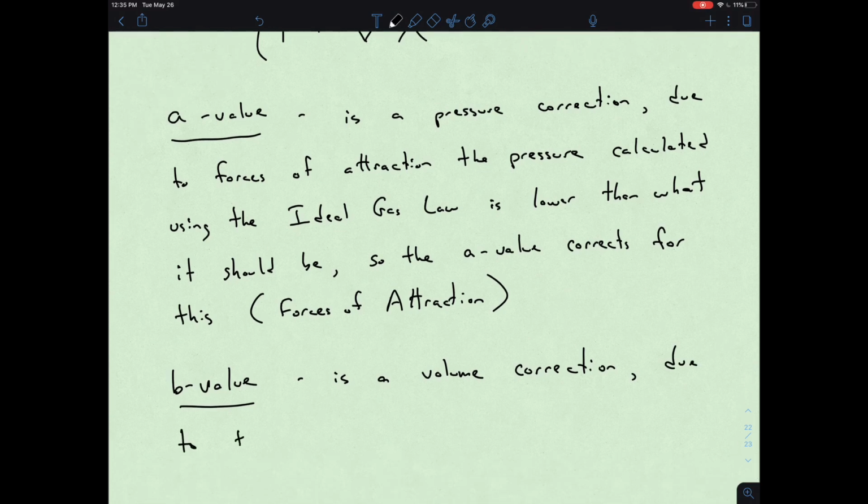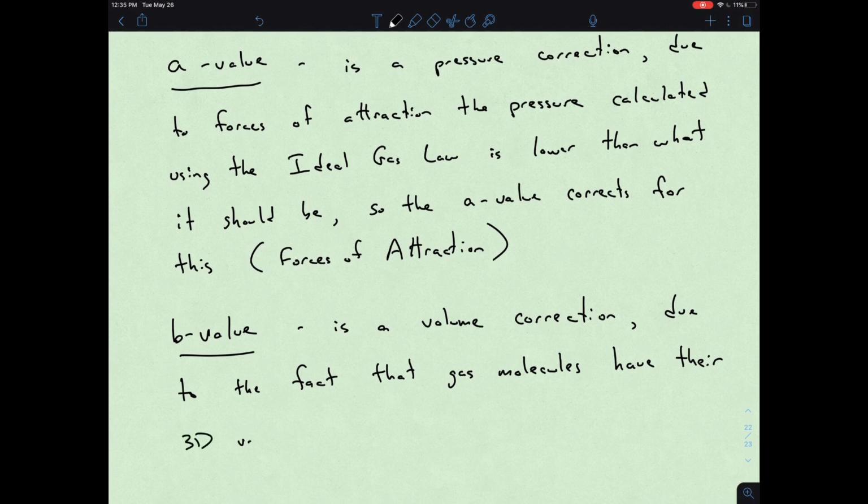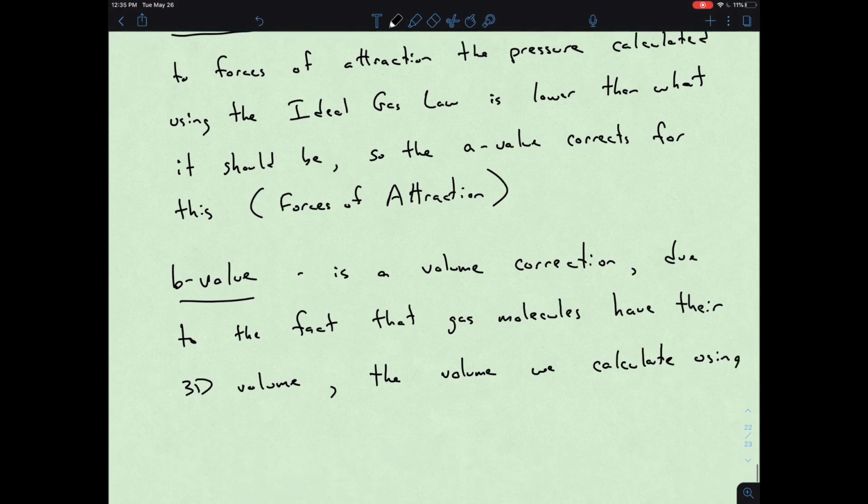Basically, due to the fact that gas molecules have their own 3D volume, it means that the volume we calculate using the ideal gas law is larger than what it should be.